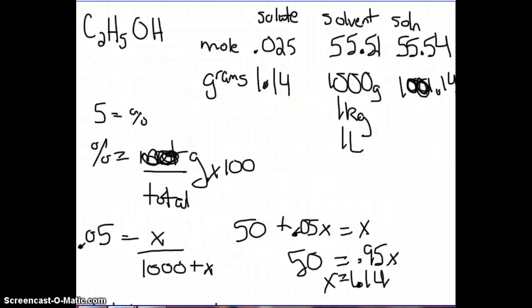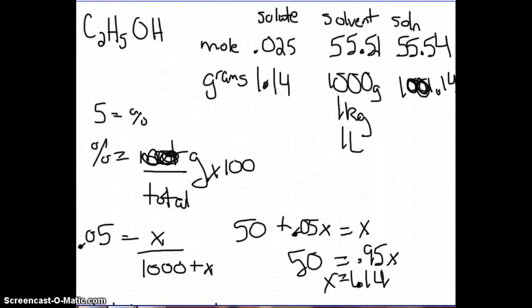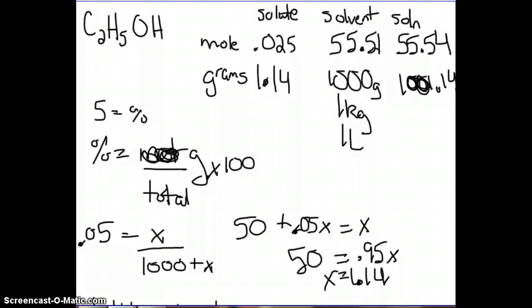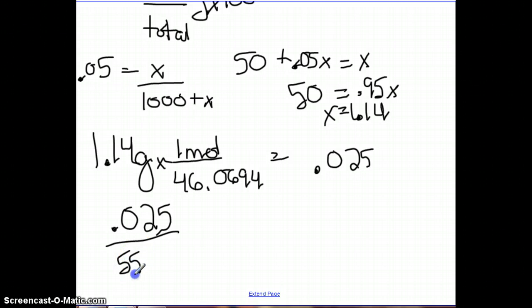Now we've got to do our mole fraction. Mole fraction is going to be our moles of solute, 0.025, over our total, which was 55.54.